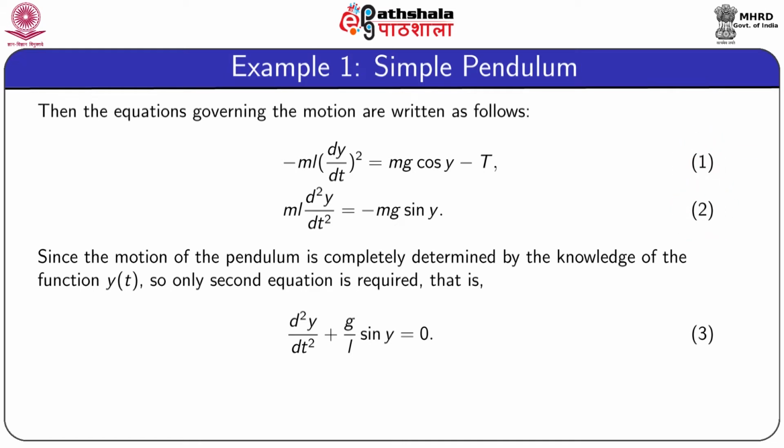Since the motion of the pendulum is completely determined by the knowledge of the function y(t), the second equation alone gives the required equation of motion, that is d2y/dt2 plus (g/L) sin y equal to 0.